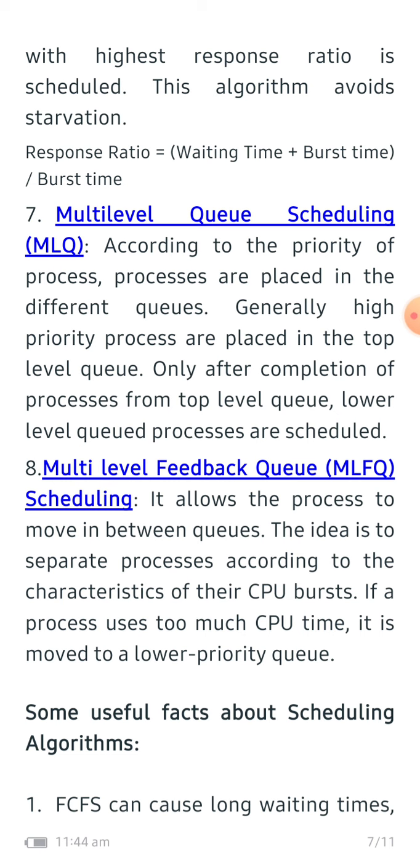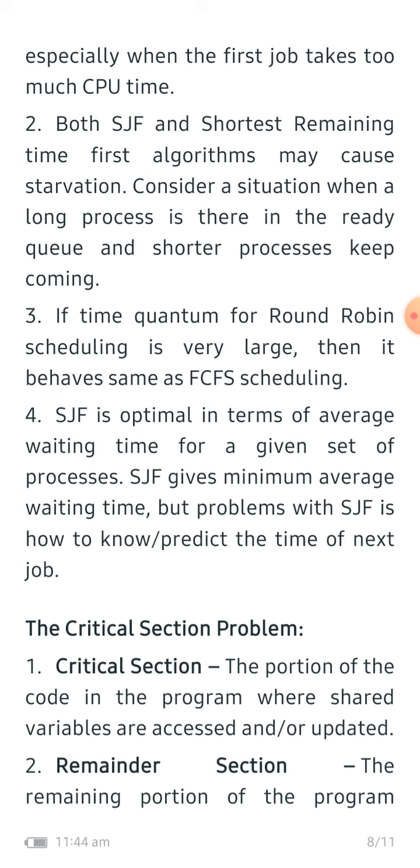Now, there are some useful facts about scheduling algorithms. First fact is FCFS can cause long waiting time, especially when the first job takes too much CPU time. Second, both SJF and shortest remaining time first algorithms may cause starvation. Consider a situation where a long process is in the ready queue and shorter processes keep coming.